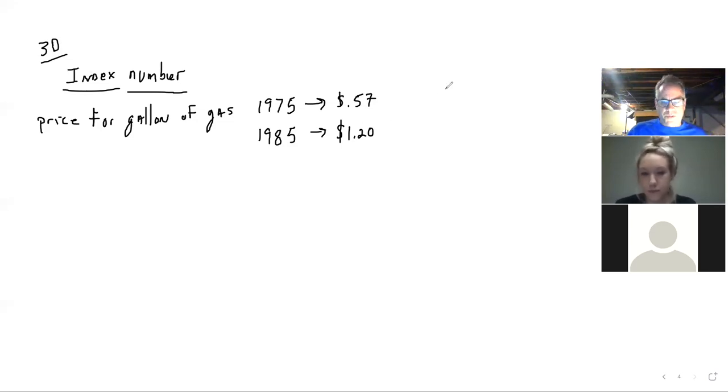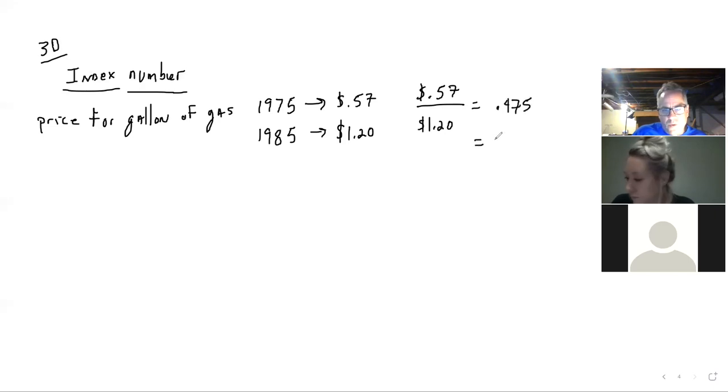But if I wanted to say, well, what percentage is the 1975 price to the 85 price, then quick little calculation. We'll just take our 57 cents a gallon and divide it by our $1.20 a gallon. Now that's going to give me 0.475, or that as a percentage is 47.5%.